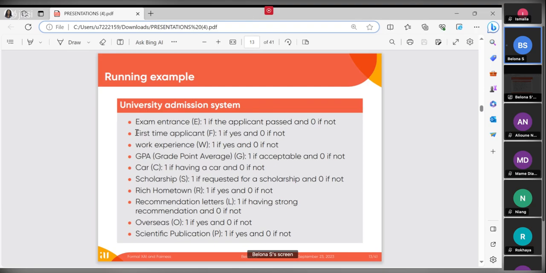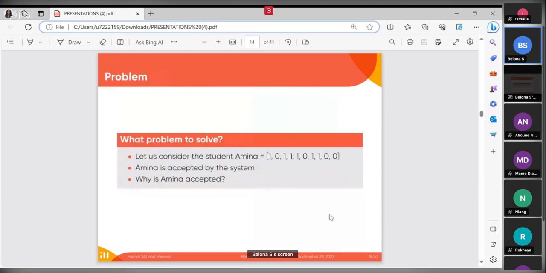We also use a feature called first time applicant, and we also look at the work experience, the GPA, if the student has a car, if the student requested a scholarship, if he's coming from a rich hometown, if he has a strong recommendation letter or not, if he's an overseas student, and if he already has some scientific publication. These are the features our system will use to make the final decision.